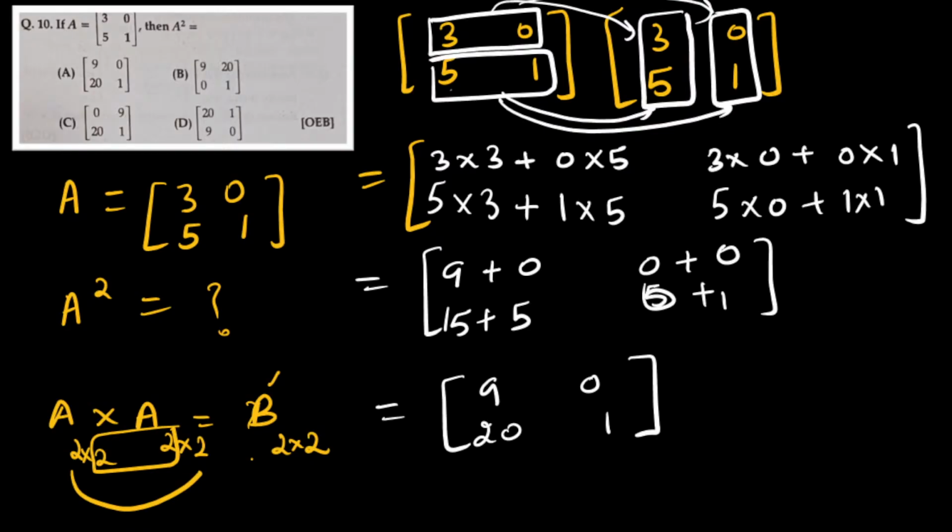So which option is it? Yes, it is option A. So let's do the next question. If till here anyone has any doubt, you can just tell me. If any doubt is there, let me know. Okay, I guess no doubts.